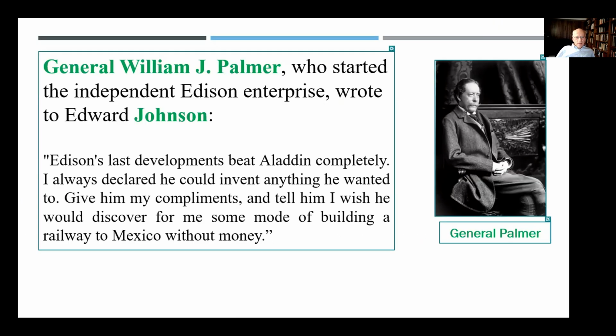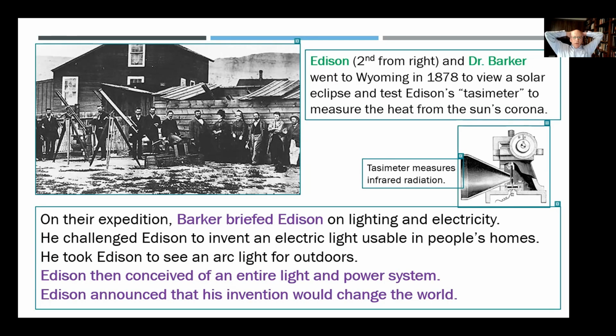Edison and Dr. Barker went out with a scientist named Draper to the west on the new railroad, Transcontinental, to view a solar eclipse and test an amazing instrument of Edison's. And it was on this expedition that Professor Barker challenged Edison after briefing him on what's happening with lighting and electricity. Barker was perhaps the leading authority on that scientifically.